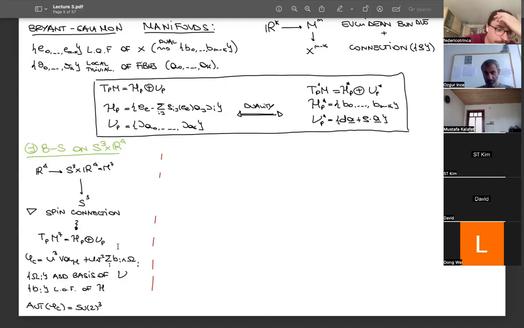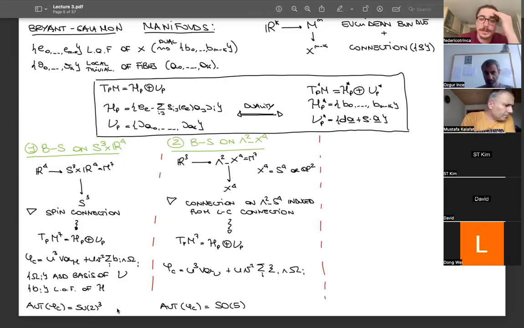Here u and v are functions of the distance from the zero section. All it matters to know is that we have constructed the three-form very explicitly, and the automorphism group of this Bryant–Salamon manifold is SU(2) cubed.